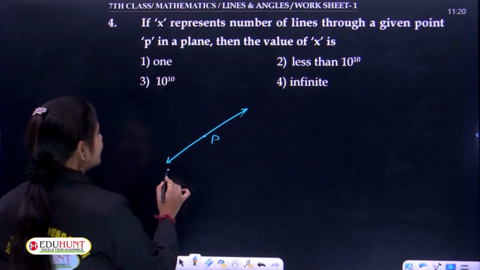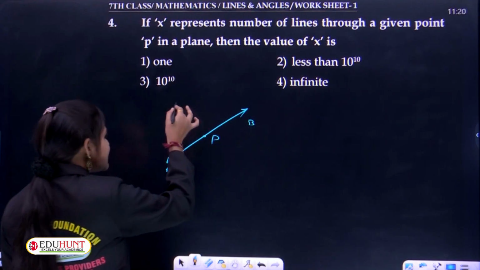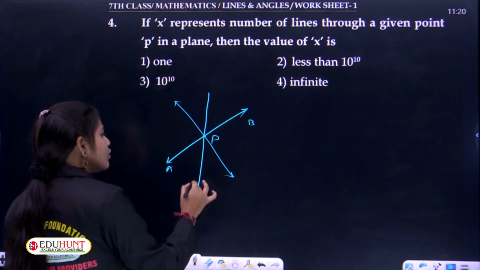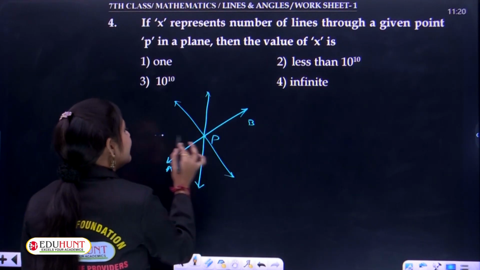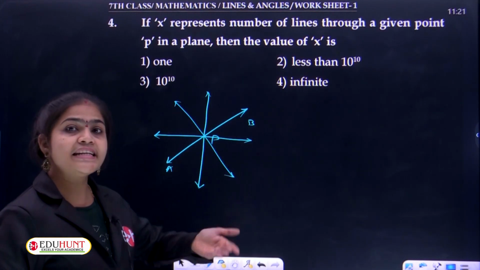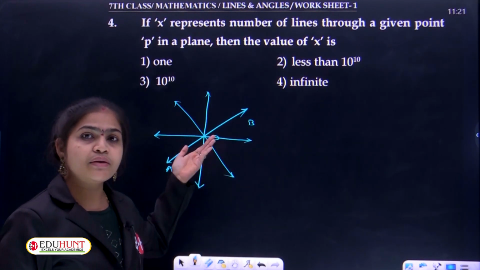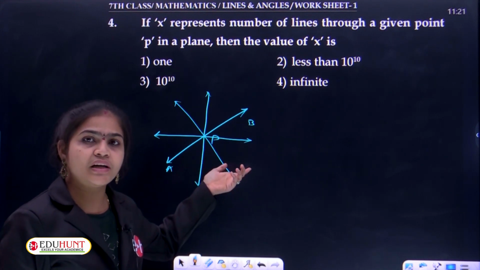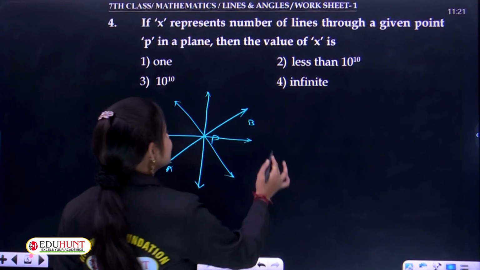Okay, ma, this is one line AB. In the same way here we can draw one more line. And similarly we can draw another line. And here also we can draw another line. So in this manner, by passing through one point, how many lines can we draw here?